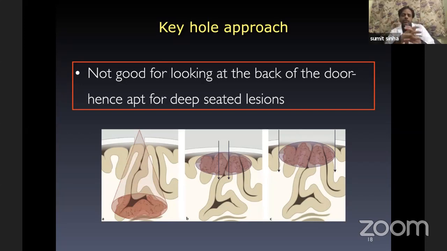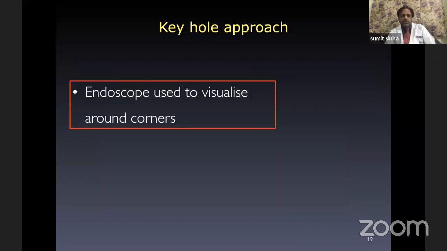So for convexity meningiomas, keyhole is not the right answer, and you need to make a craniotomy larger than the size of the tumor. The keyhole is aptly suited for deeply placed lesions, and should not be tried for superficial lesions, because you will not be able to see the lesion hidden behind the margins of the keyhole craniotomy.